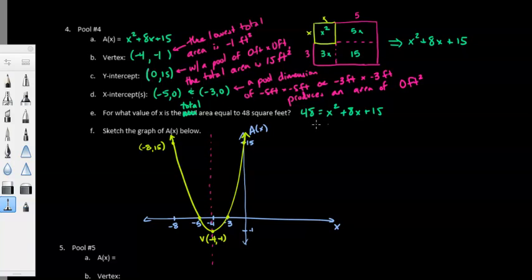To solve this, you could move this 48 over and say minus 48 on both sides, so that I have 0 equals x squared plus 8x minus 33. And I could use the quadratic formula to solve this and get two possible answers. Or I can use Desmos, and this will be really easy. Let me show you how I can use Desmos to solve this.